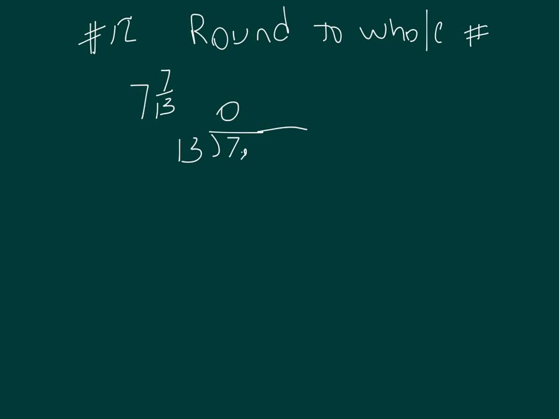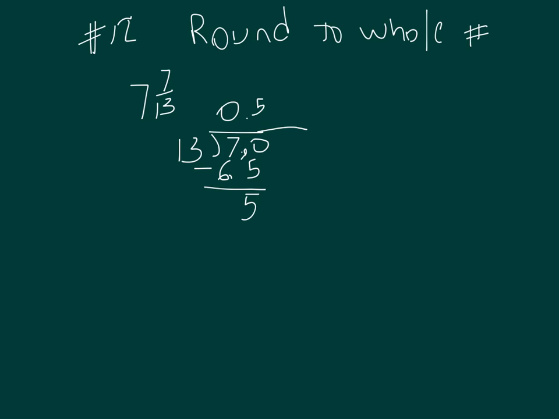So we put a decimal point here and put a 0 in here. 13 goes into 70. I think that would be 5 times, because 5 times 13 is 65, so I'd have 65 here, which I would then subtract. Now I subtract and I get 5.